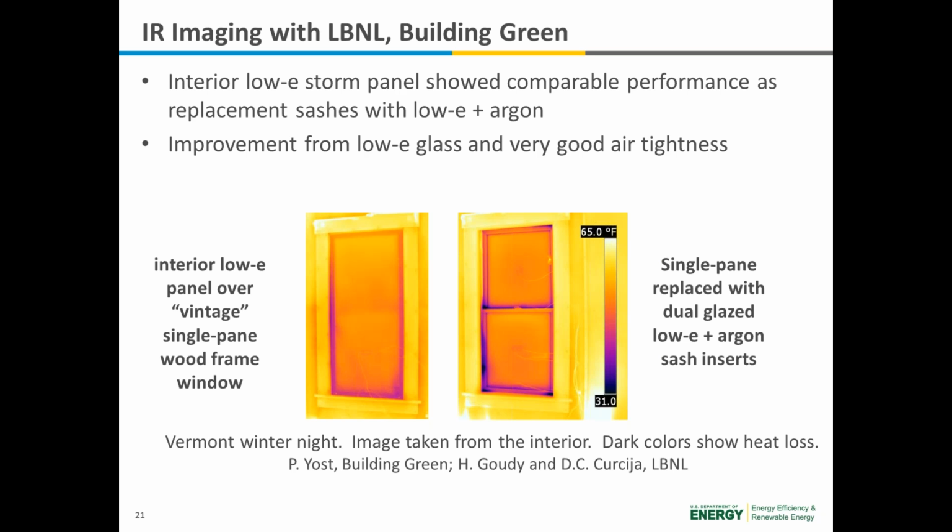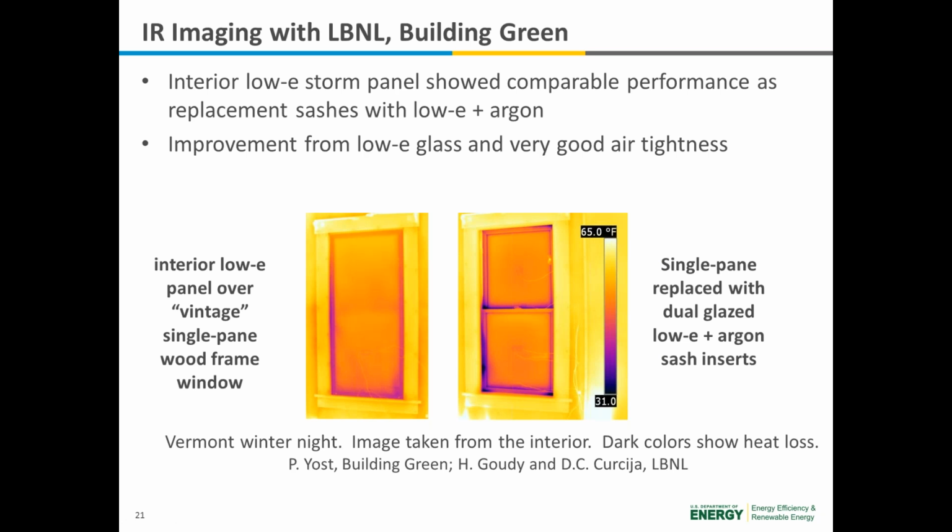These are taken from the interior, so in this case dark colors show heat loss. And as you can see, the two options behave fairly similarly. We're getting similar improvement from either replacement sashes or from a low-E panel. And in fact, when you look around the perimeter, the low-E panel is actually doing arguably a little bit better, just from the air sealing, versus the sash inserts.